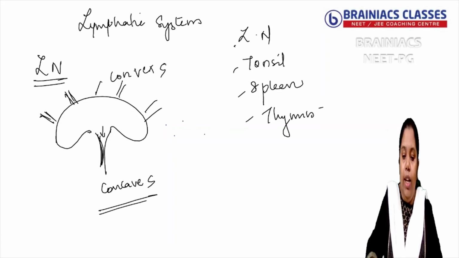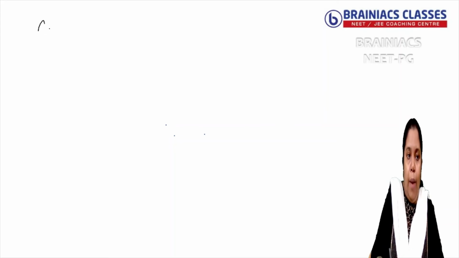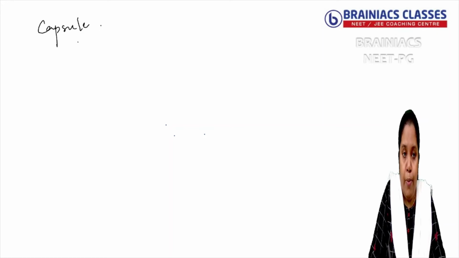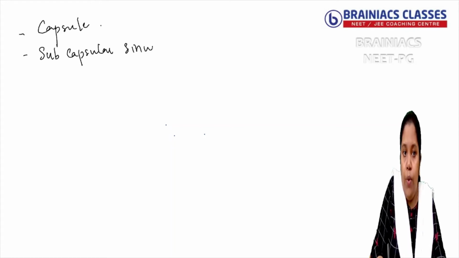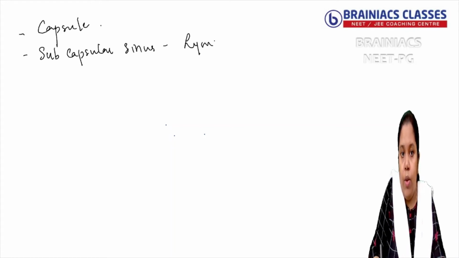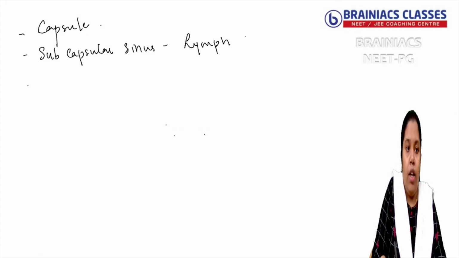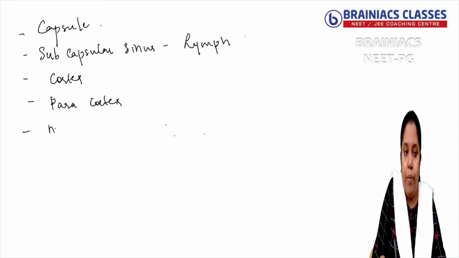The lymph node has a capsule as the outer layer. Under the capsule, you have the subcapsular sinus, which is filled with lymph. Then you have the cortex, paracortex, and medulla.